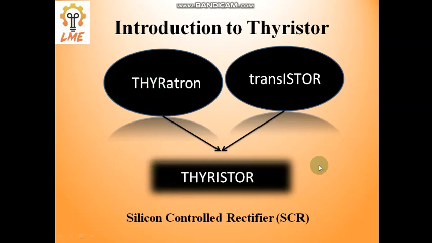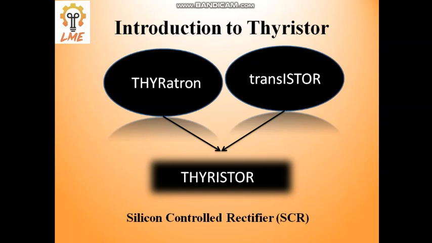Why this? Because the working principle of the Thyratron is nearly similar to the Thyristor, and the construction of the Thyristor is nearly similar to the transistor. So from the working principle it is near to the Thyratron, and from the construction it is near to the transistor. That is why this name is Thyristor.